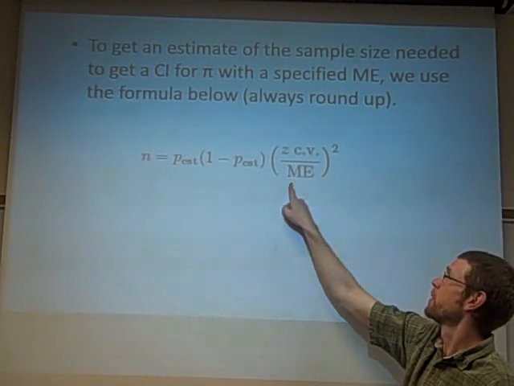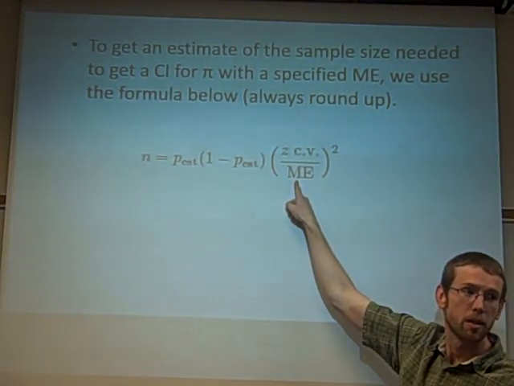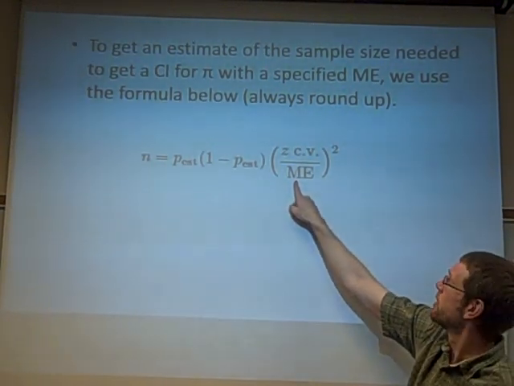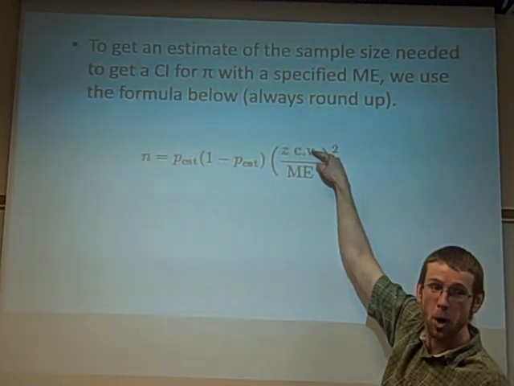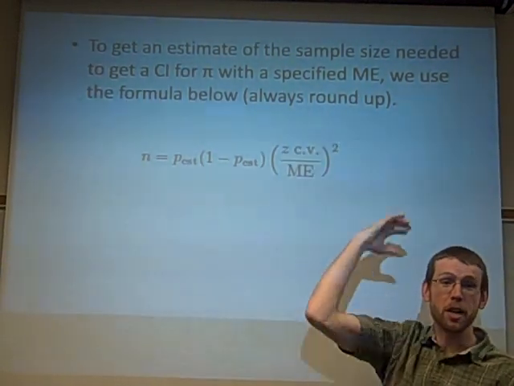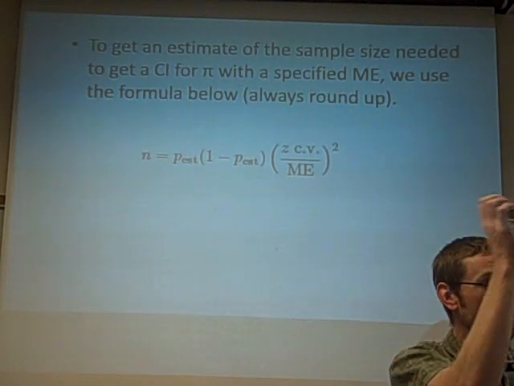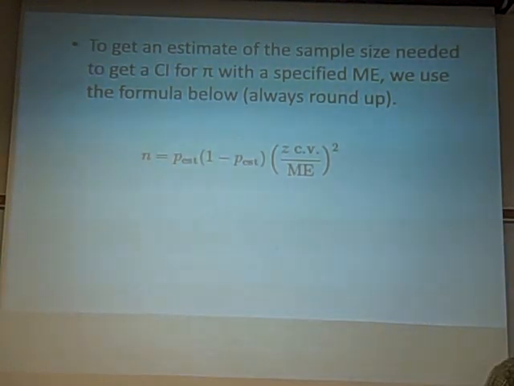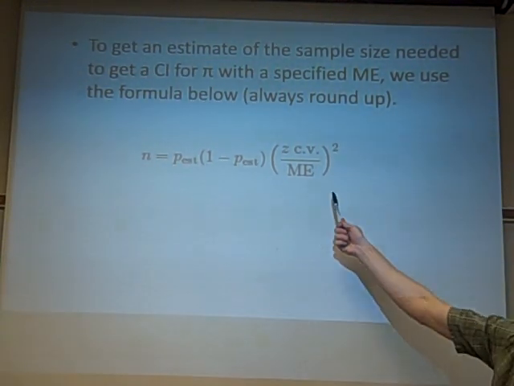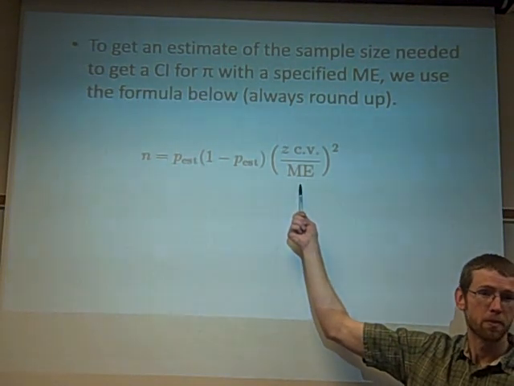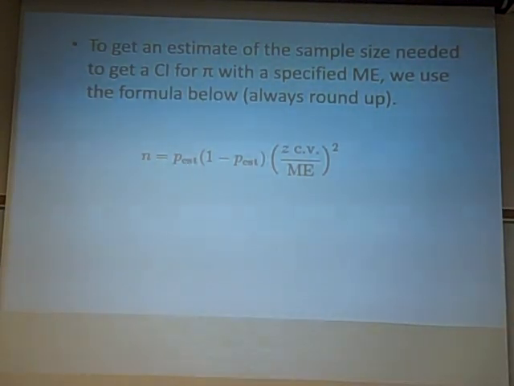The margin of error you get to choose. So are you going to know this number? Yes. Are you going to know this number? You take a known number, divide by another known number, and then square it. You just get a number, and it's going to be positive. In math, they might call that a positive constant.